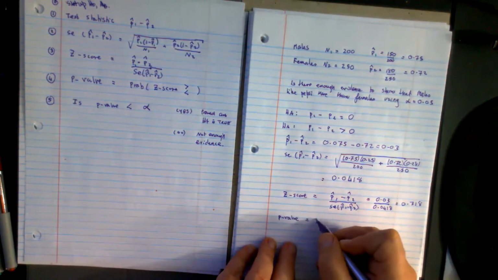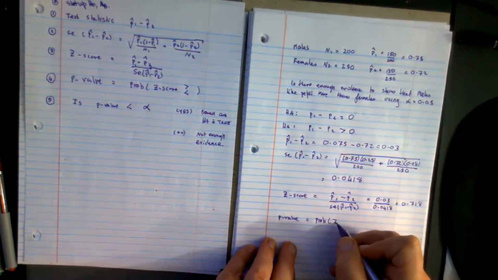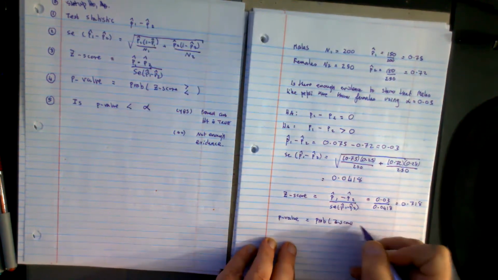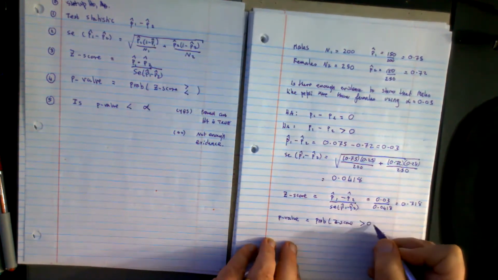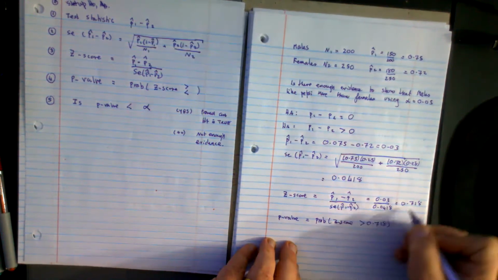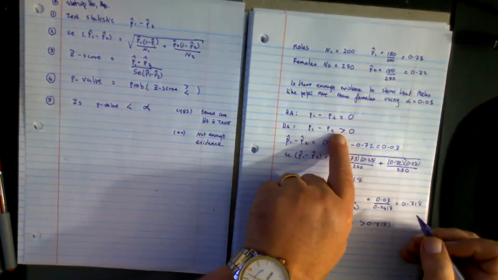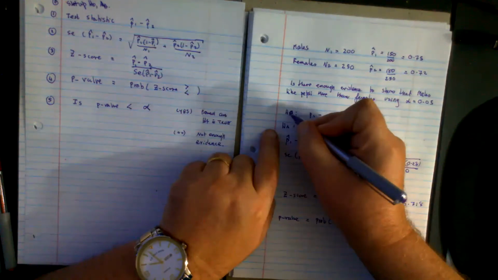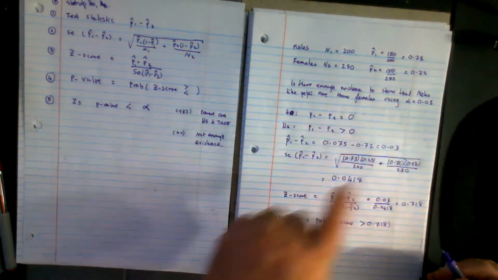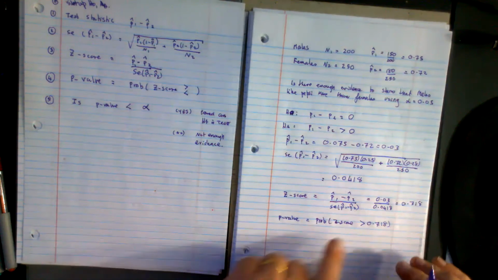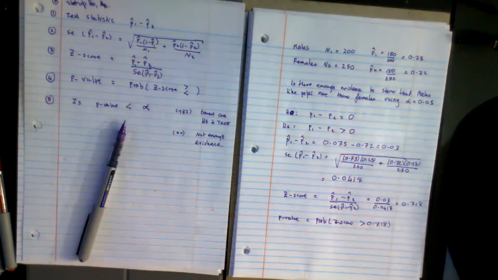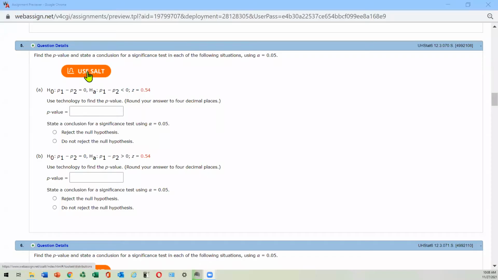So we now find the p-value. It's essentially, what's the probability that you get a z-score this number or bigger? You might say, well, I don't know it's bigger than this number, but the alternate is greater than. It's a right tail test. Now this really has to be done using software. Hold on for a second.